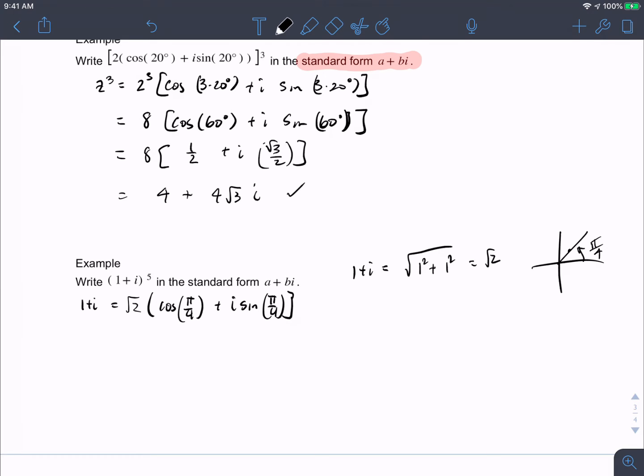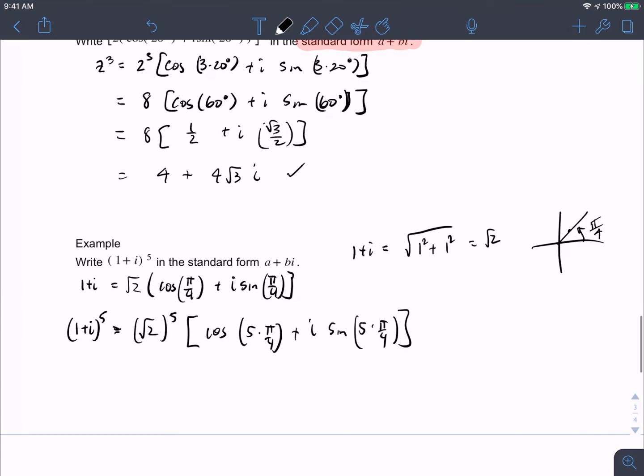And so we're going to go 1 plus i to the 5th and now use DeMoivre's theorem. DeMoivre's theorem would tell us we're going to go radical 2 to the 5th and then cosine of 5 times pi over 4 plus i sine of 5 times pi over 4.